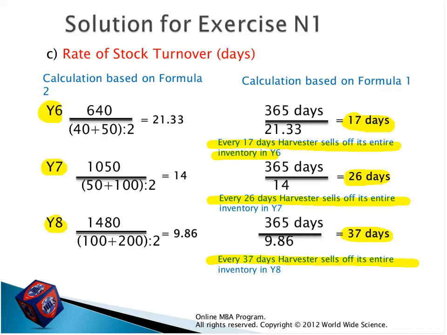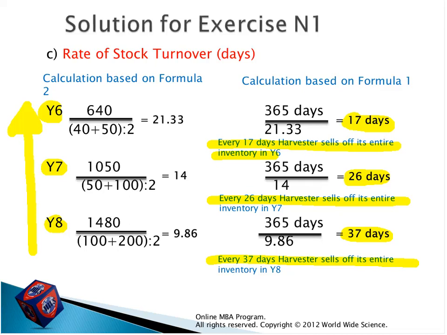So as you can see, here is the stock turnover rate. The lower the result, the better. But during the 3 years we have some increases in the results, right? That means our inventory over the years is staying in our stocks.